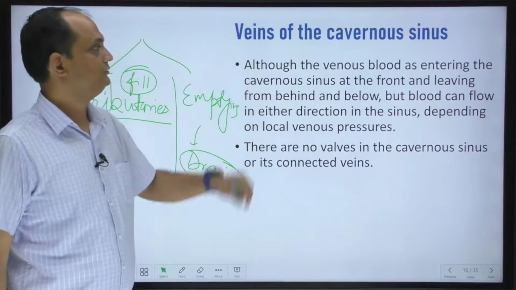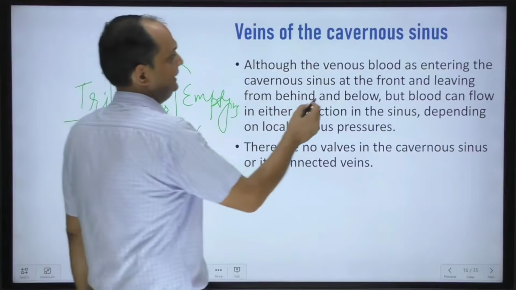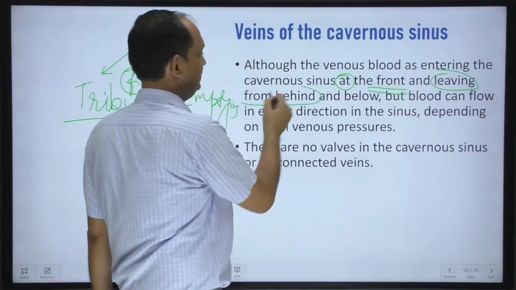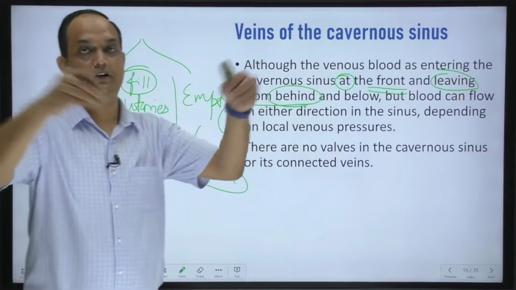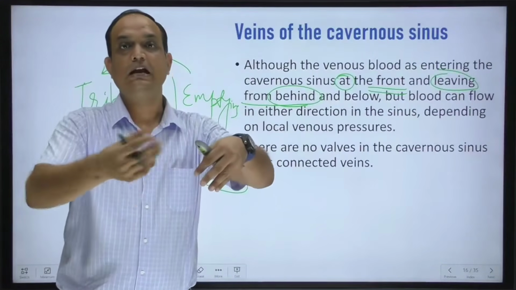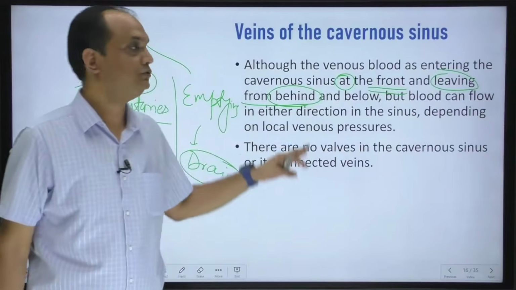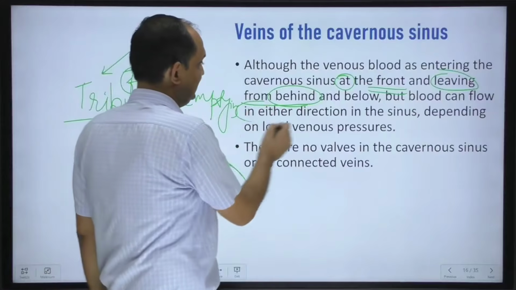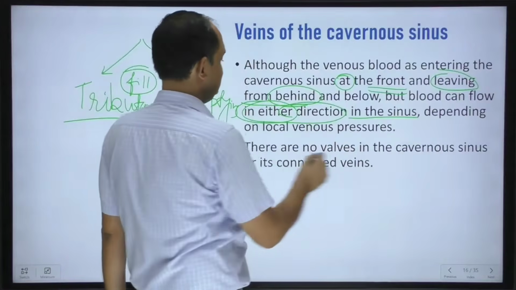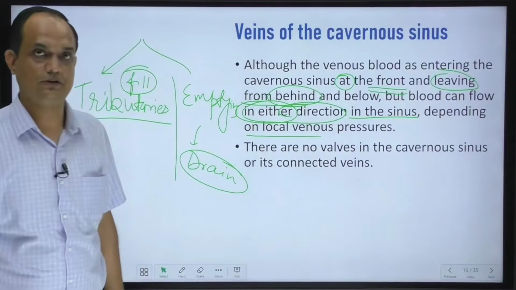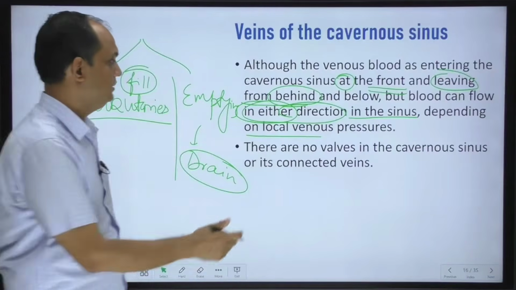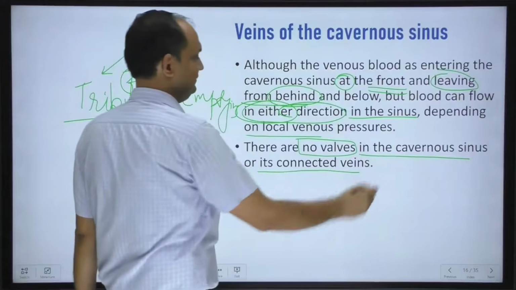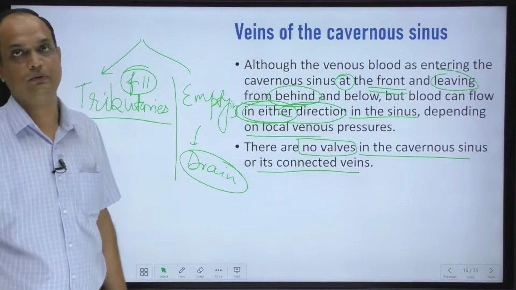Although the venous blood generally enters the cavernous sinus at the front and leaves the sinus from behind, that is, blood will enter from the anterior aspect and drain from the posterior aspect, the blood can flow in either direction in the sinus depending upon the local venous pressure, because there are no valves in the cavernous sinus as well as in its draining channels or tributaries.